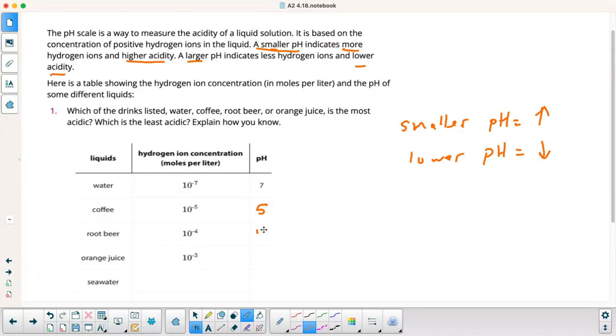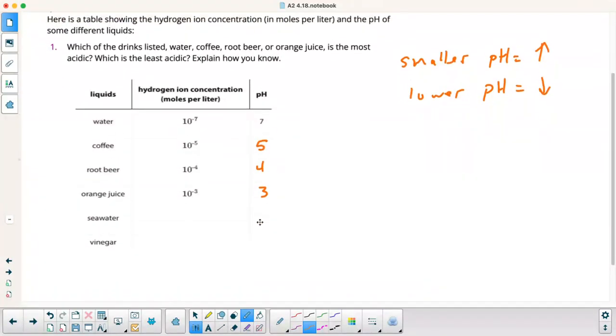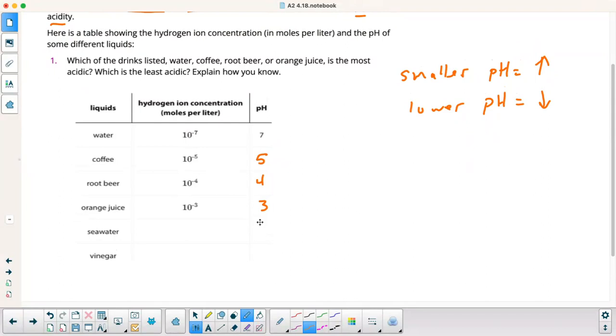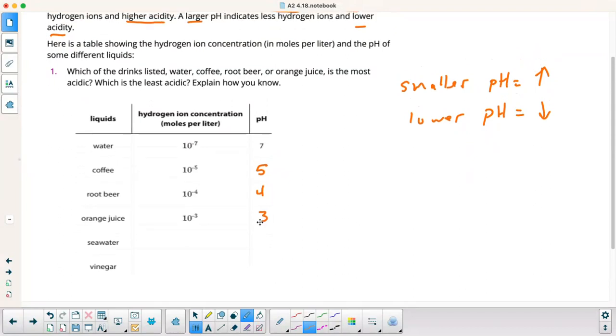So this is 5, 4, 3. And then seawater and vinegar. Oh, it just says which of the drinks listed. Okay. So which one is the most acidic? The smaller pH is the most acidic. So the smallest pH would be 3, so this is going to be orange juice.